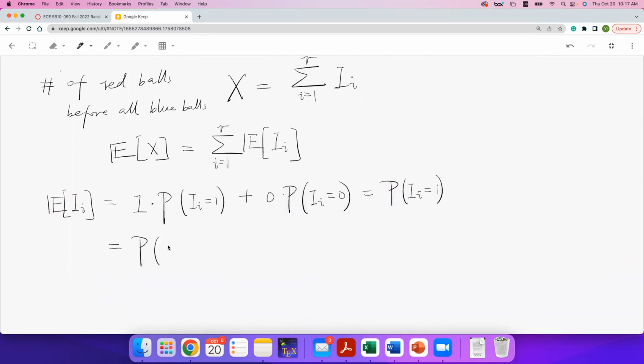So we are essentially looking at the probability of the event where the ith red ball comes before all the blue balls.